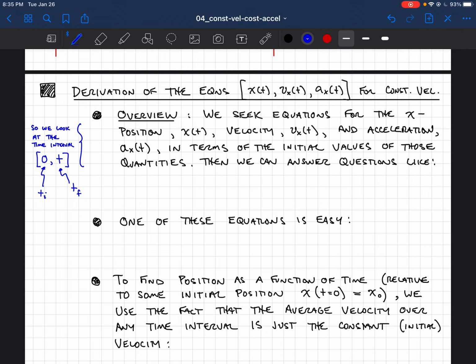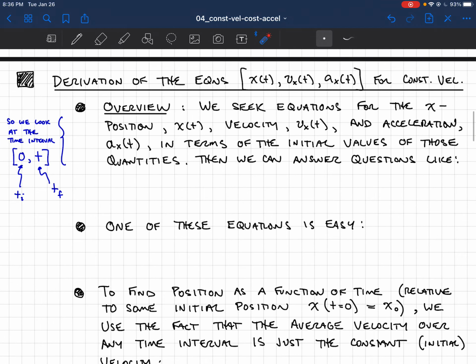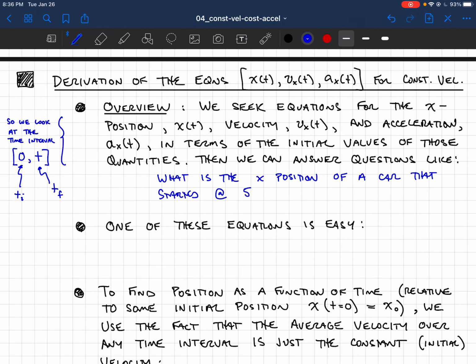So when we do that, we'll be able to answer questions like, here we're going to do the constant velocity motion. So something like, what is the x position of a car that started at 5 meters on the x-axis and drove at constant velocity for 10 seconds.